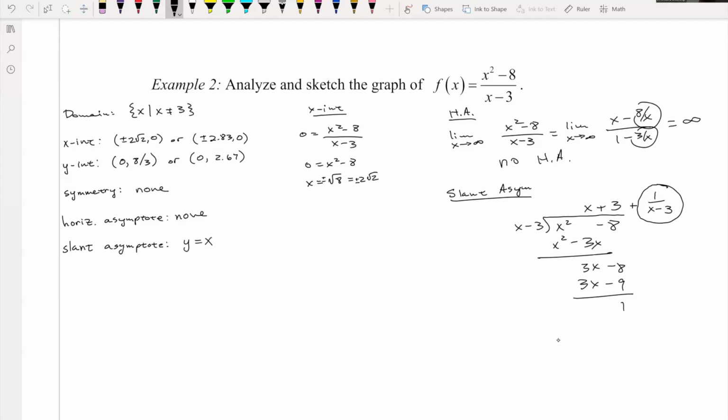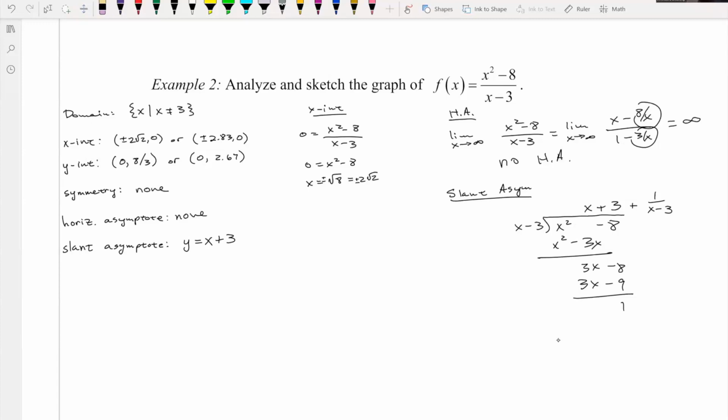So does anybody want me to talk a little bit more about the slant or oblique asymptote? Okay, if you want, once we graph it, we can have that discussion in more detail because then I'll have a graph to point at and I can kind of show you how it works and I'll be happy to have that discussion. But for now, that is our pre-calc stuff.